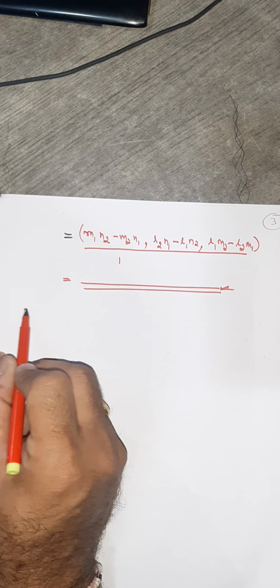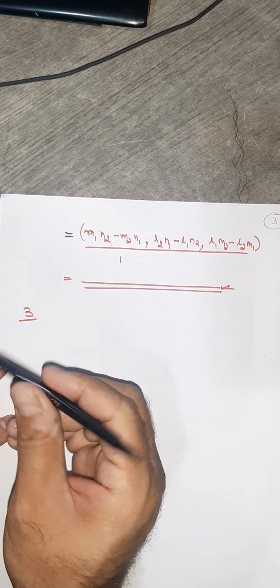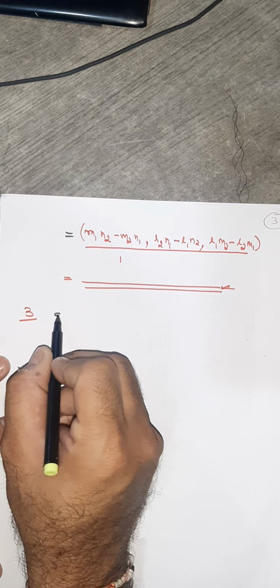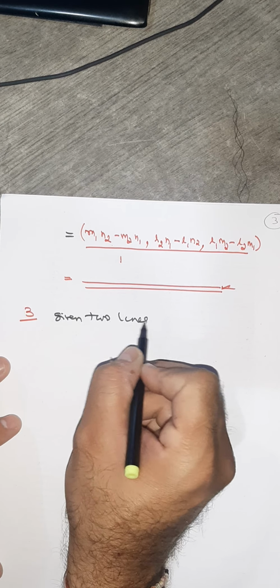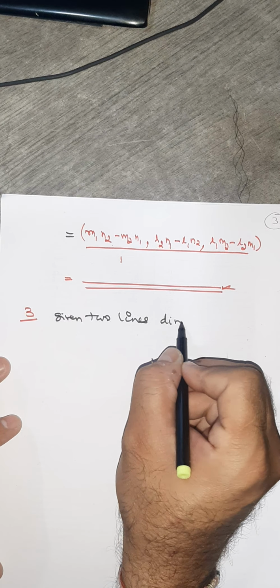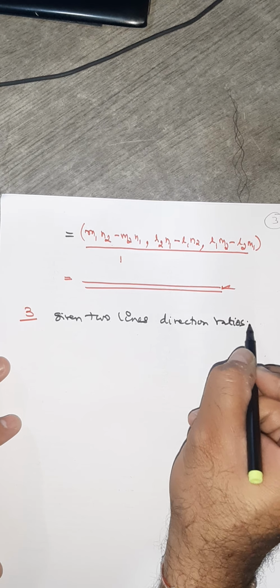Third question, question number 3. Find the angle between lines whose direction ratios are this. For the given two lines, direction ratios are given.